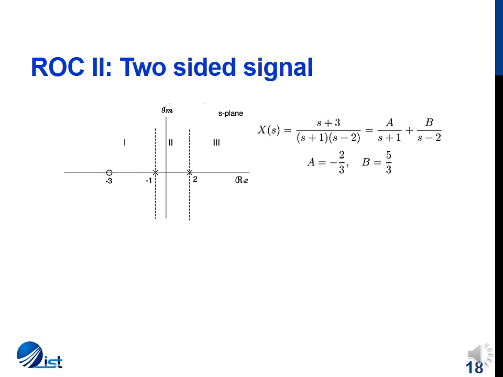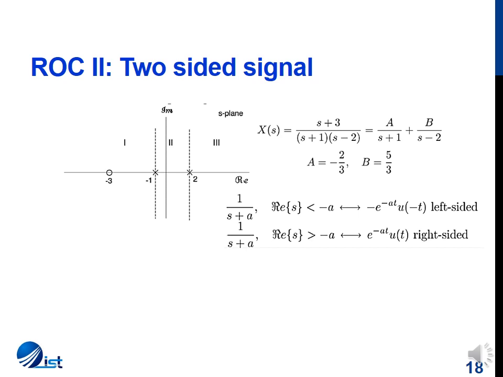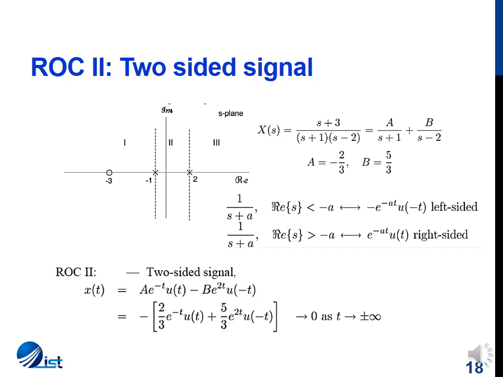Case 2, when we say that x of t is a two-sided signal. As we discussed, it would imply that one pole, which is this pole, belongs to a right-sided signal, and this pole belongs to a left-sided signal. We have the formulae to determine the expressions, and we'll get this expression.